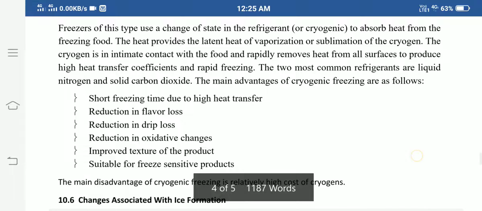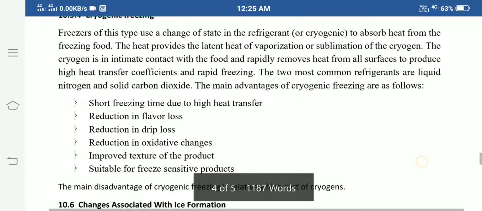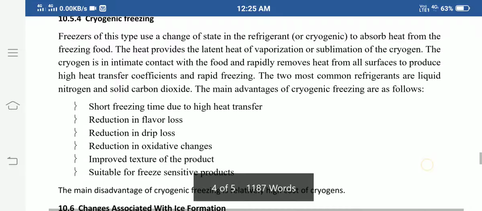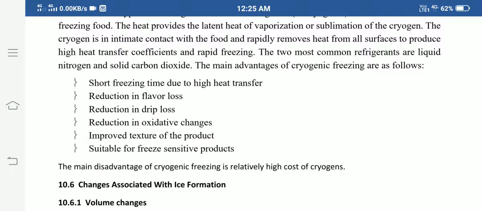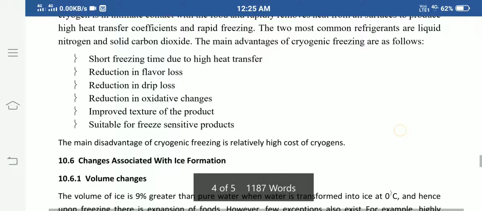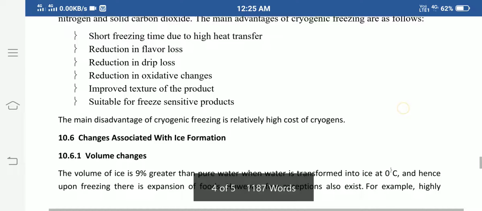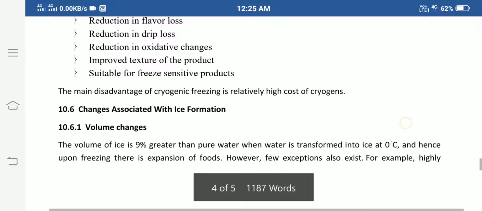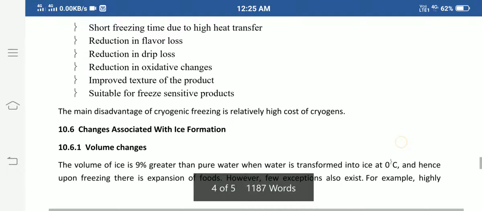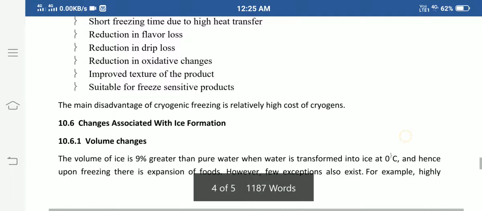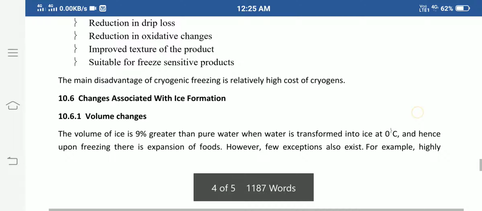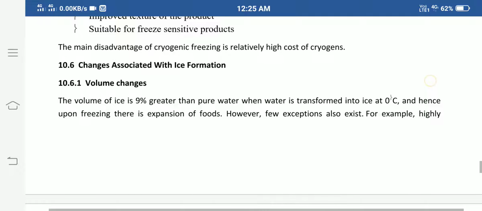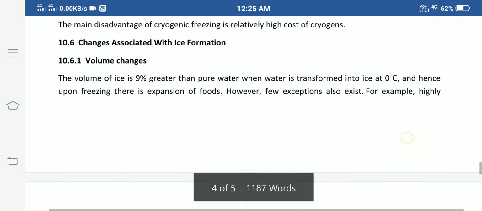So basically, refrigerant is used to absorb the heat, and in phases the product's heat is absorbed, and finally the product is frozen. So this is a very good method. Flavor loss is less, drip loss is less, oxidative changes are less, and the texture of the product is improved. So cryogenic freezing is the best way to freeze.